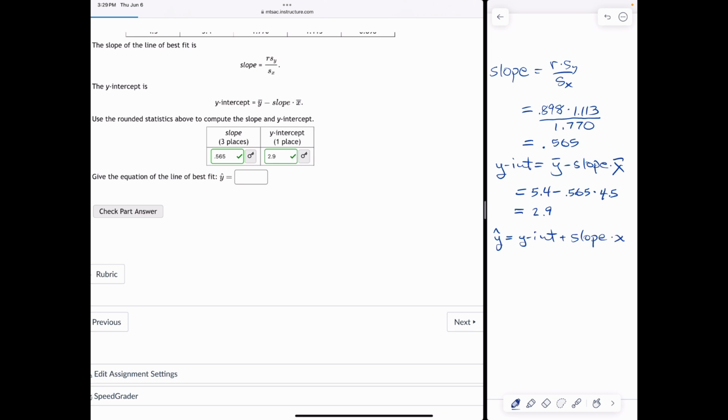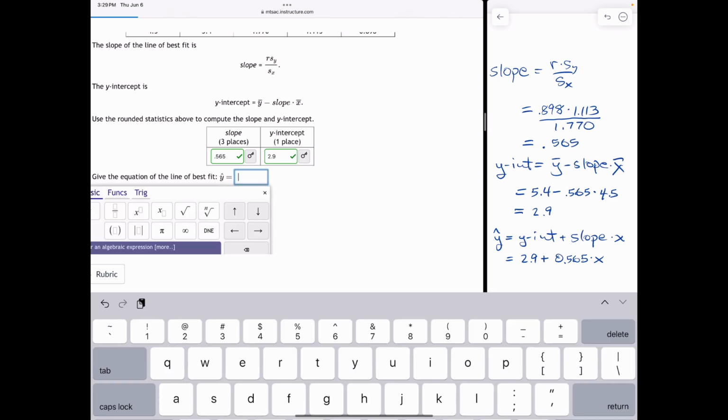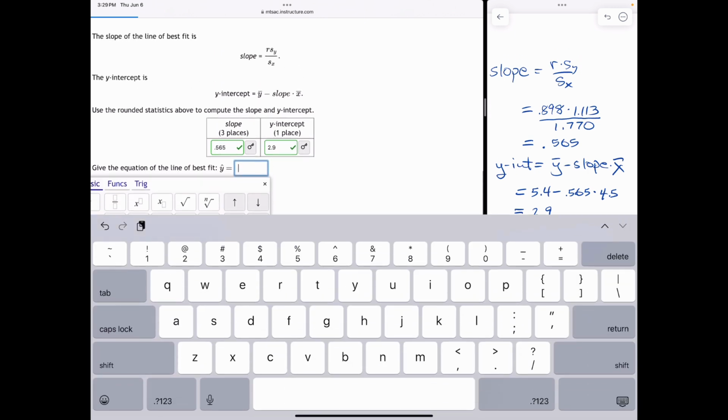So here, the y-intercept we rounded to 2.9 plus the slope, that would be 0.565 times x. And so now I gotta put that in here. There's a little bit of a template for typing stuff that my keyboard's covering up, so I'm just gonna use a regular keyboard.